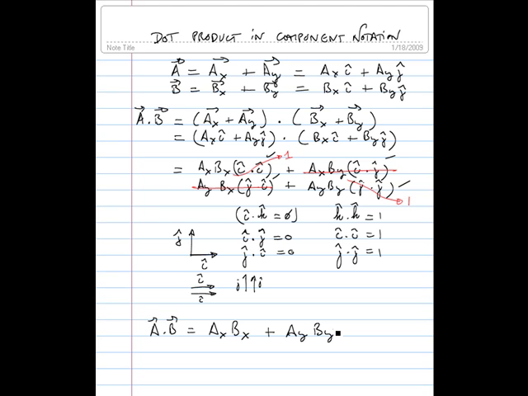So all you have to do to take the dot product of two vectors is to multiply all their x components together, multiply all their y components together, and add them up. And sure enough, you have to end up with a scalar.